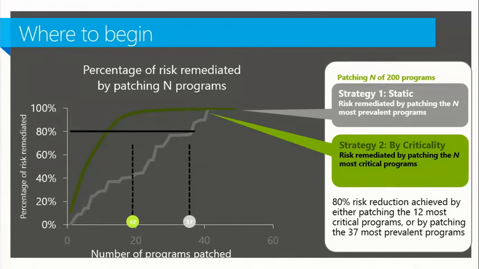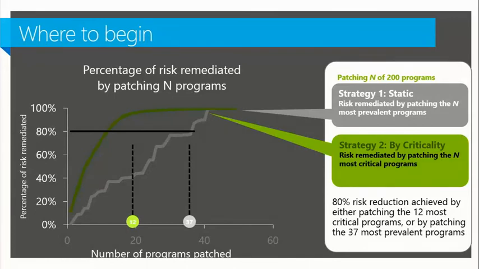Recent research has shown that in order for us to reach 80% risk reduction, we can either patch the most critical updates first, and for that we need to discover the 12 most critical applications we have.